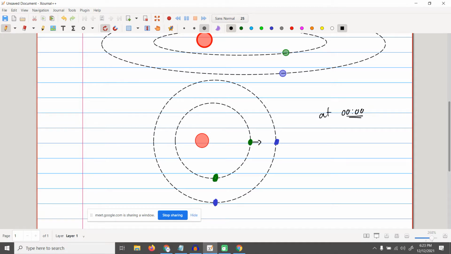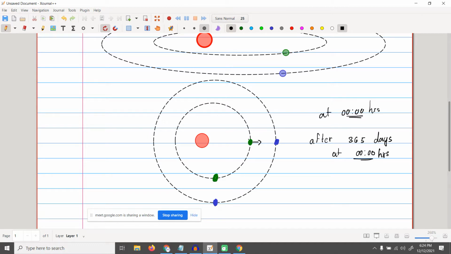Now I want you to think: the Earth goes around the entire orbit once and comes back to the same position over here. This is after 365 days, again at the same time at 0:00 hours.